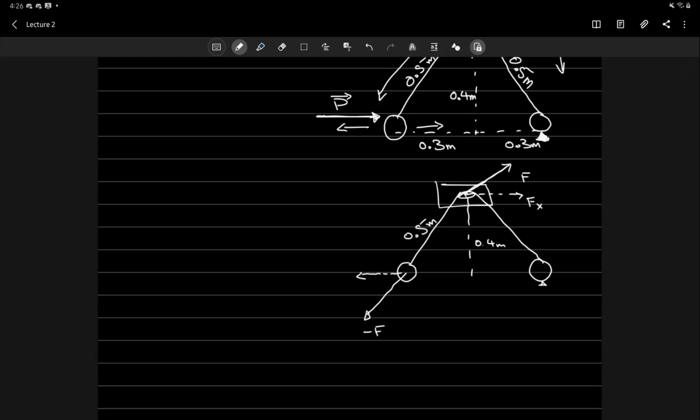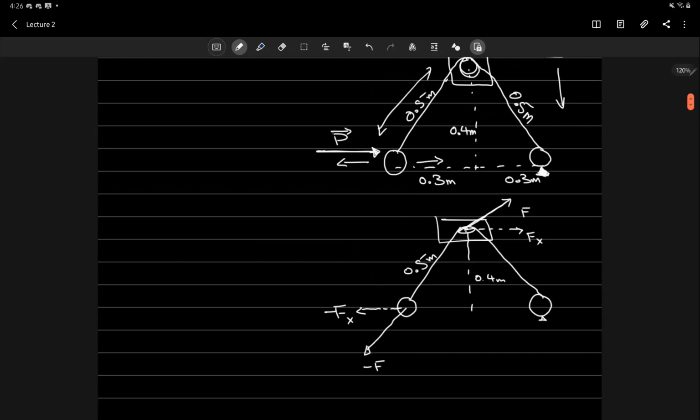And the force that is needed to hold the weight up is simply the equal force, this one, negative Fx, but in the opposite direction, so I can say that the magnitude of this P vector is the Fx component, right?